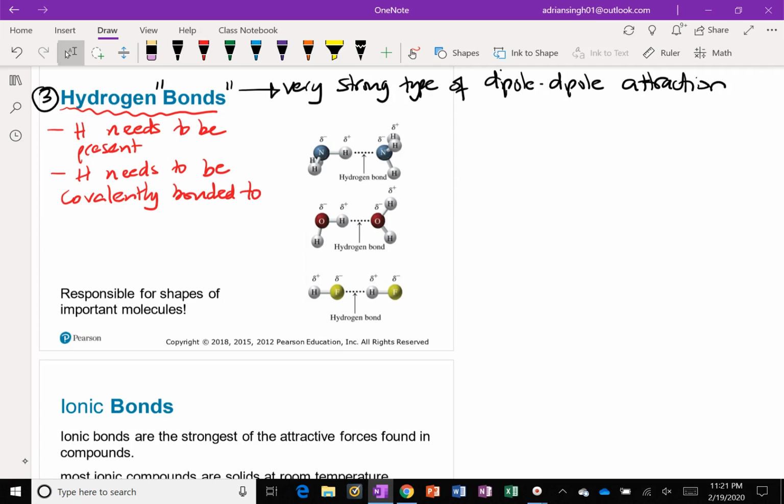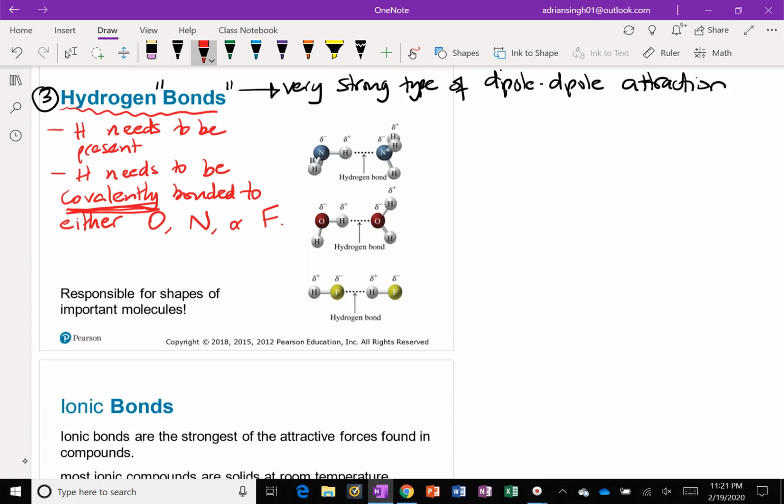There are three of them that satisfy that criteria: either an oxygen, a nitrogen, or fluorine. Those are the three atoms that hydrogen needs to be covalently linked to in order for the hydrogen bond to be present between one molecule and another one.